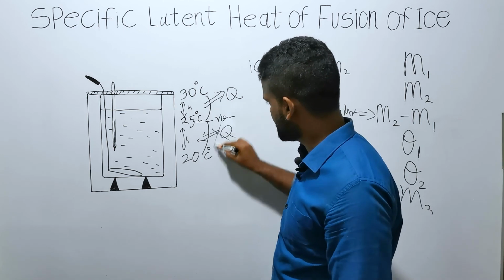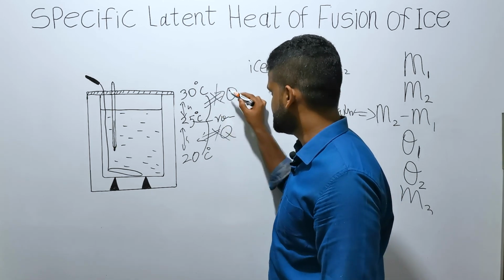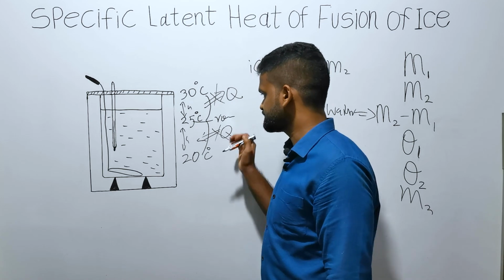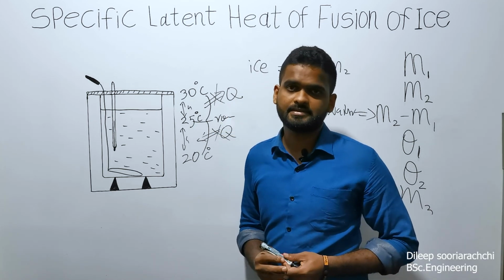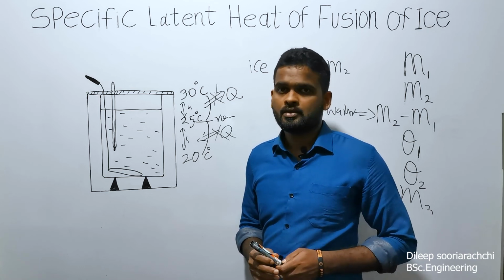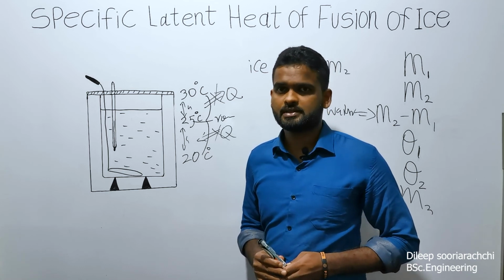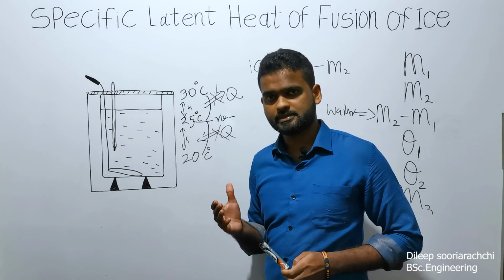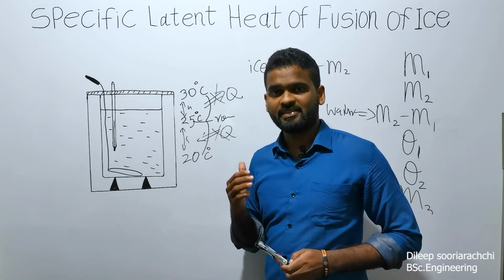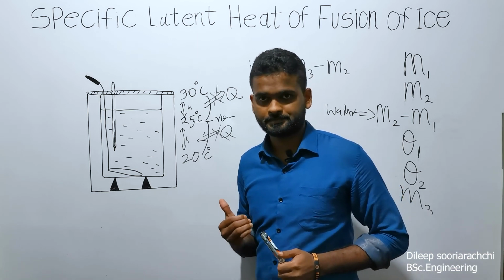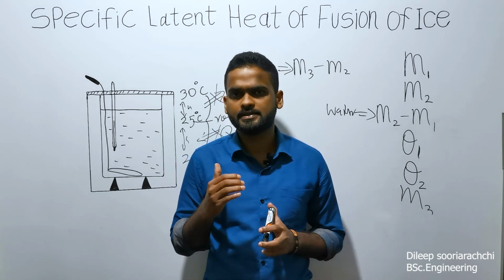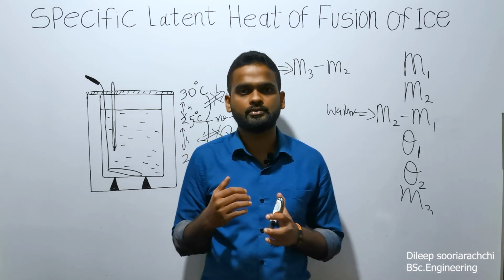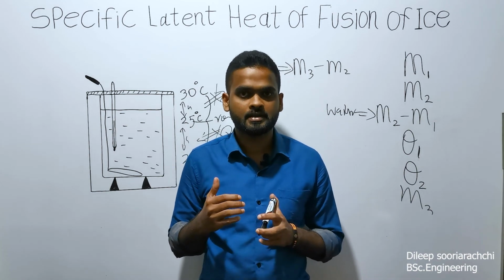So we can conclude that these values cancel each other off. That is the compensation method. We are going to use this compensation method in all experiments involving the method of mixtures. Okay, that is it for the experiment. To clarify this concept further, you will have to do structured essay questions more and more.